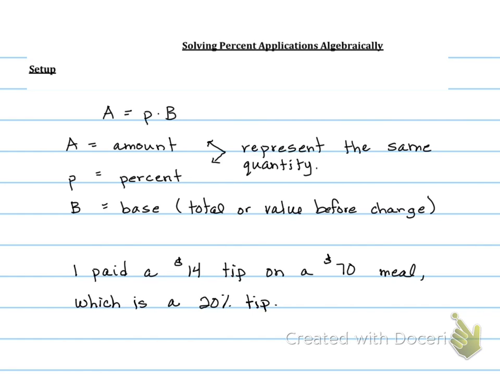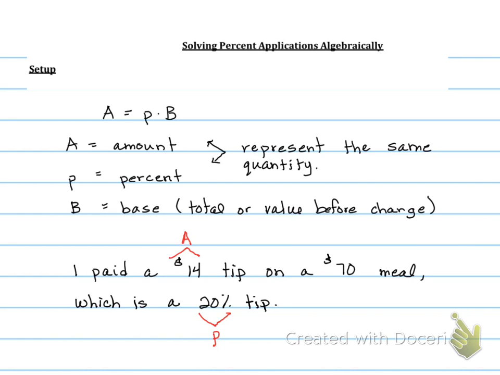In this sentence, the tip is represented in two ways. One is a percentage and one is a dollar amount. So this one right here would be my amount. The amount represents that quantity in dollars, people, miles, whatever the units are. Whereas the percentage represents that same exact quantity as a portion of the whole. So a percentage is just a ratio, and the amount is the actual value, a set amount.